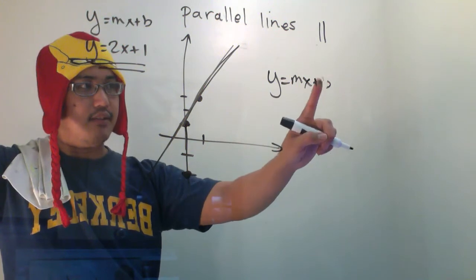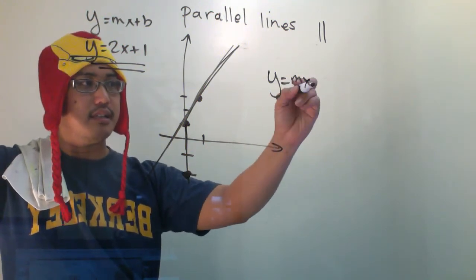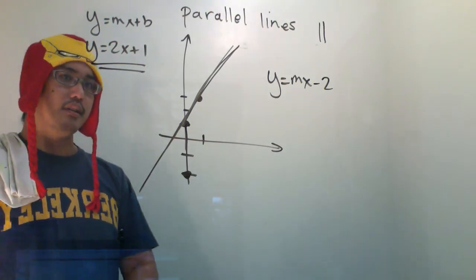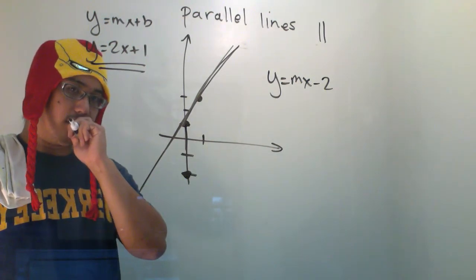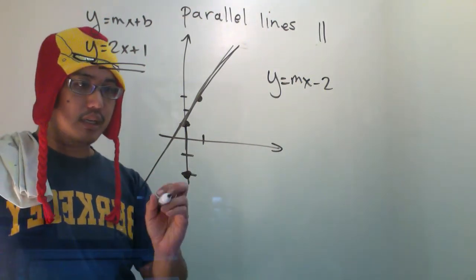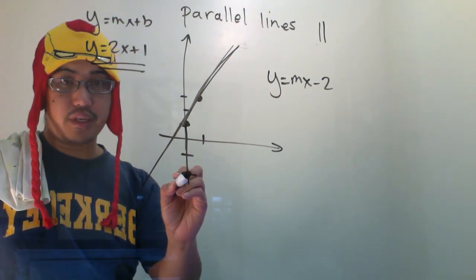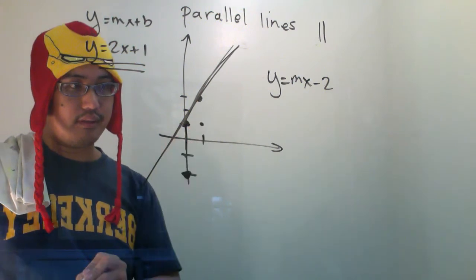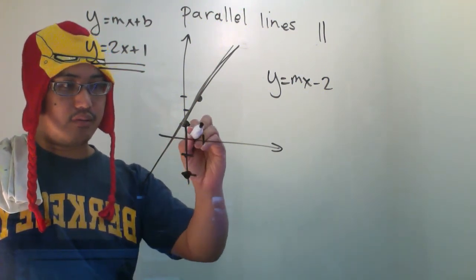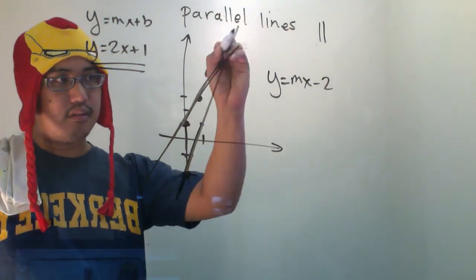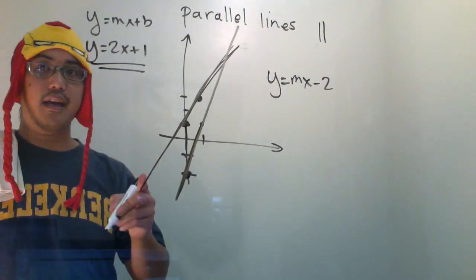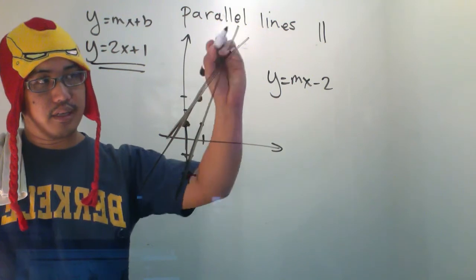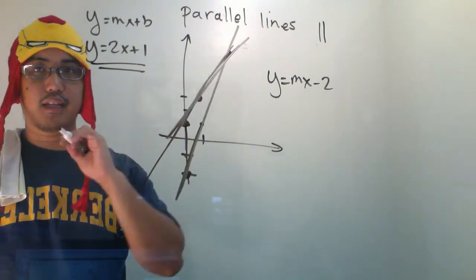Let's start off with mx minus 2, because that's the y-intercept. In this case, if I went up by 3 and across 1, and I drew this line right here, the problem is this line will cross the original line.